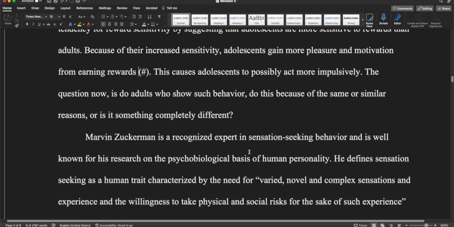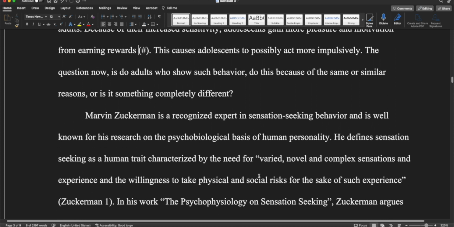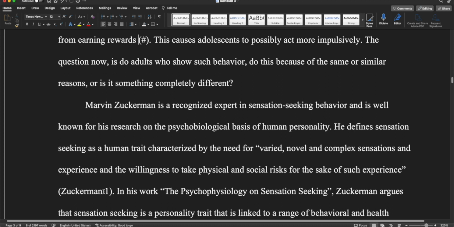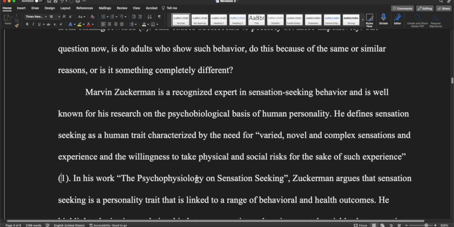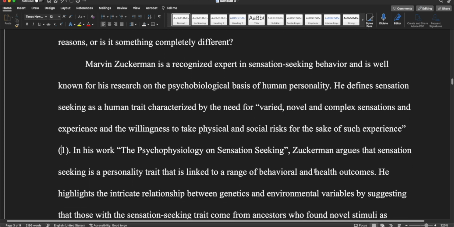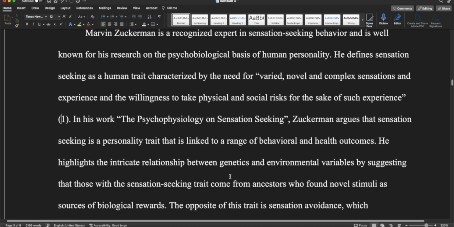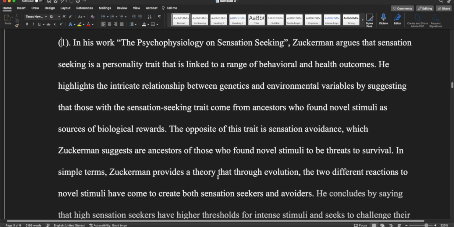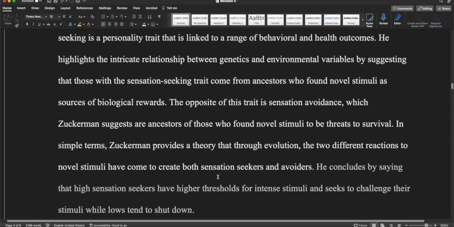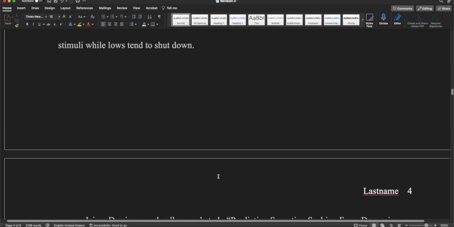All right. Same deal here. We don't need that. We can just put that page number in. Cool.